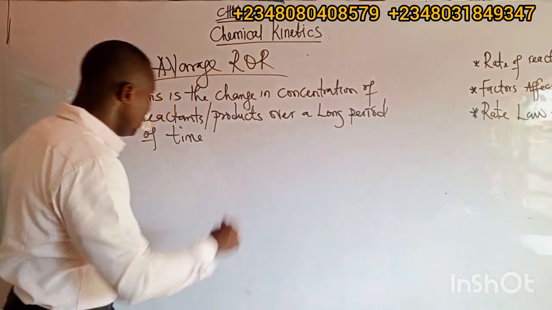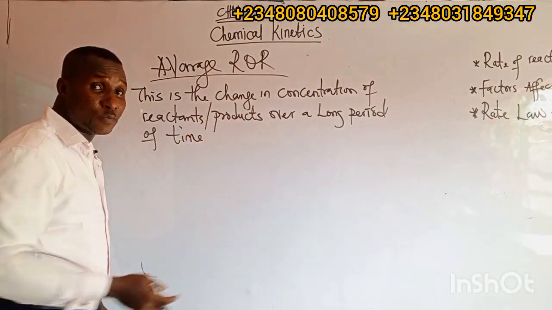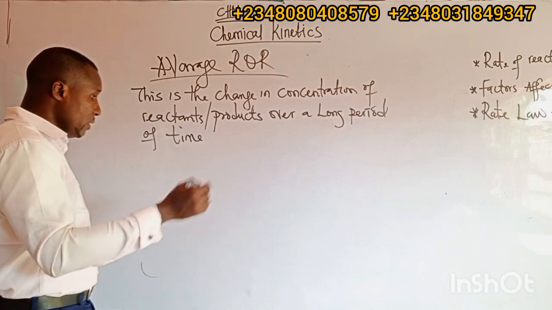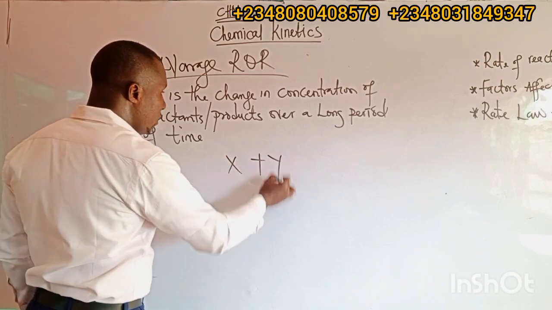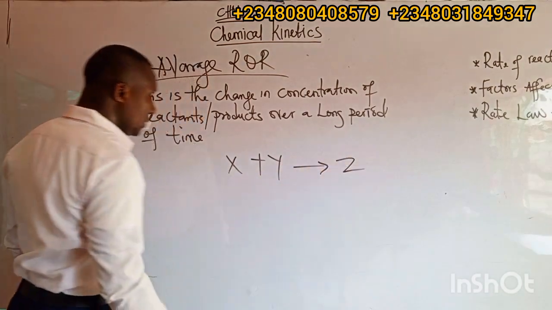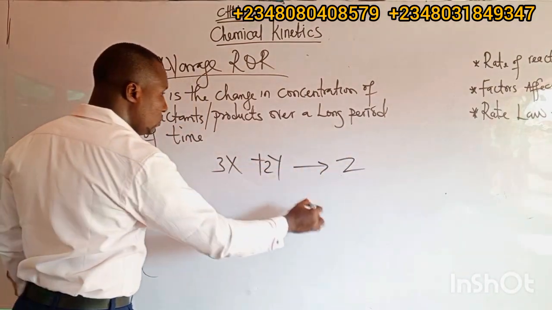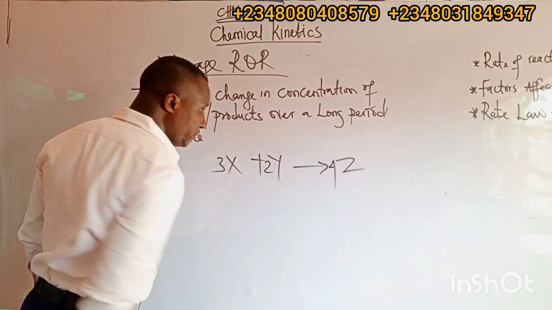For example, look at this. How can we express average rate of reaction? Let me assume you have X plus Y to give Z, with coefficients 3, 2, and let me put 4.